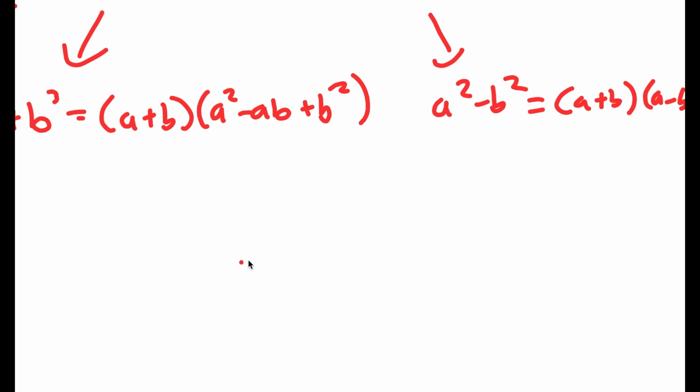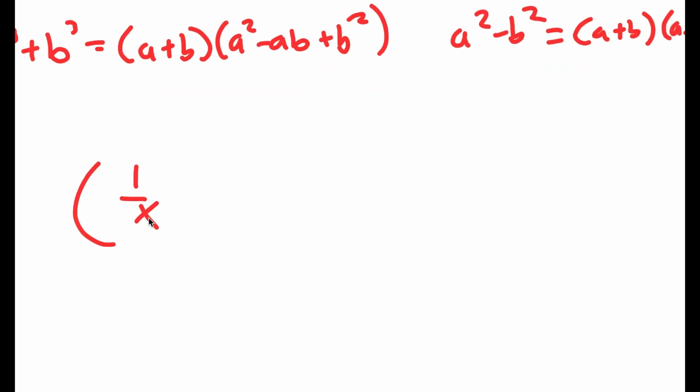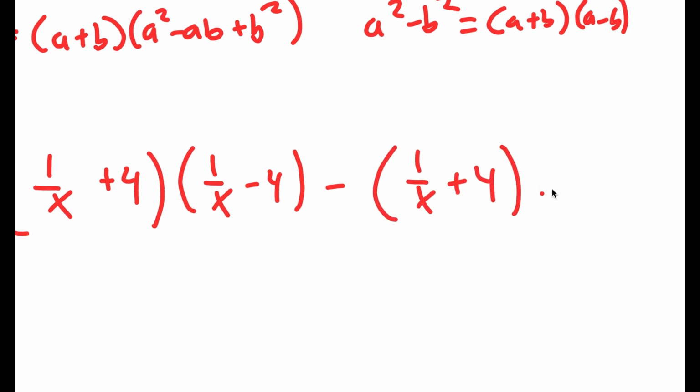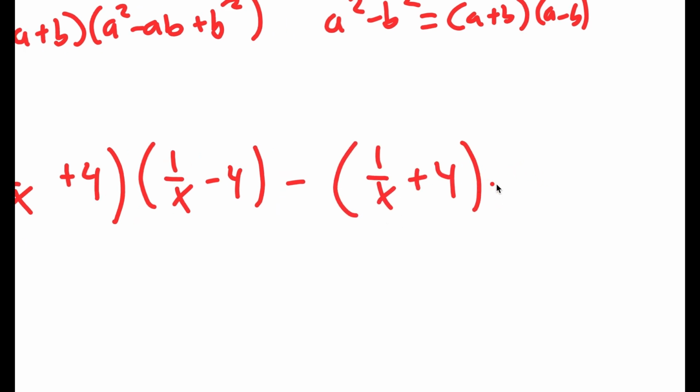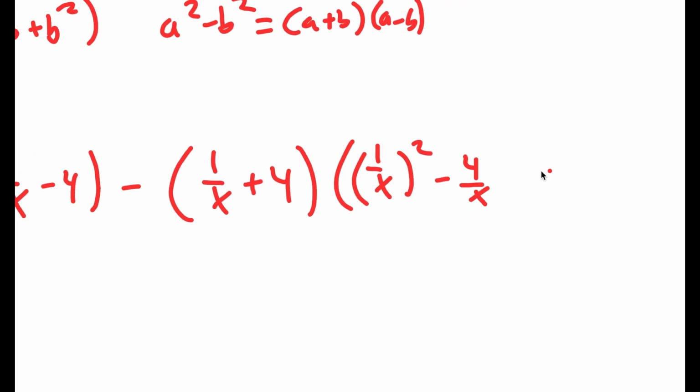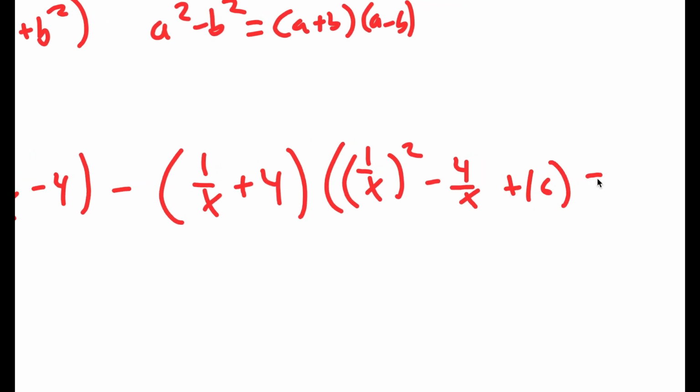So, after using these properties, I get 1 over x plus 4 times 1 over x minus 4 minus 1 over x plus 4 times 1 over x squared minus 4 over x plus 16 is equal to 0.